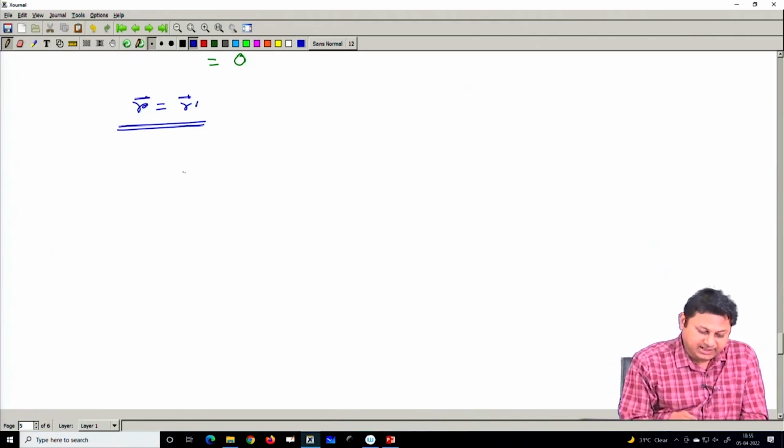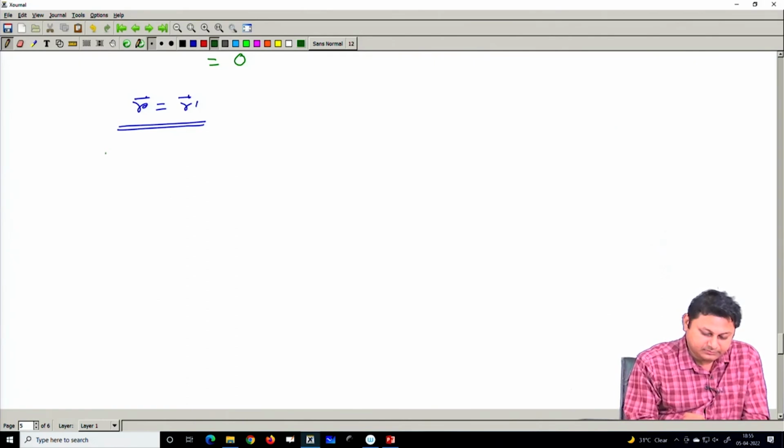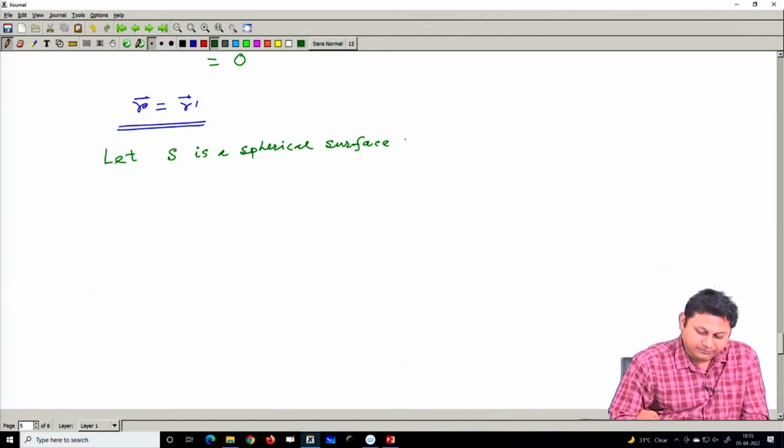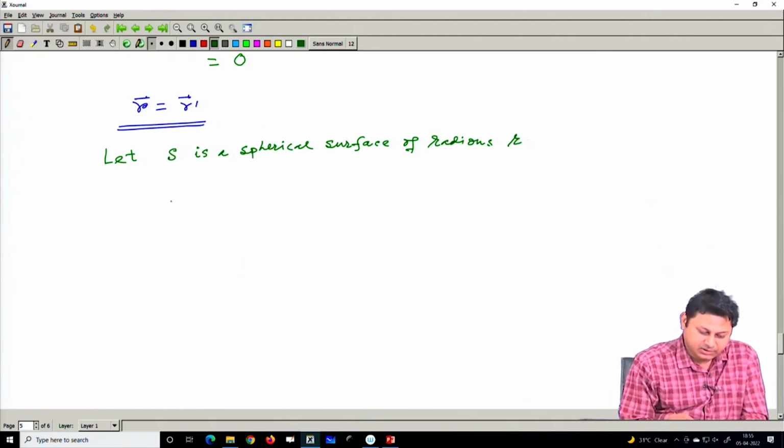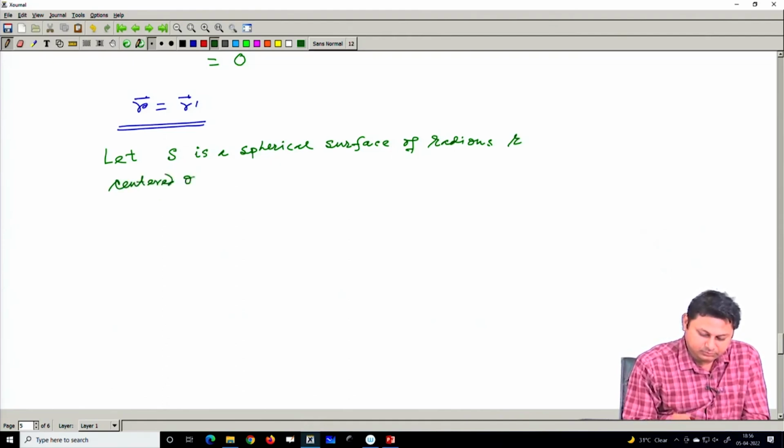For this case we can consider, let S be a spherical surface of radius r, centered on r equal to r prime.